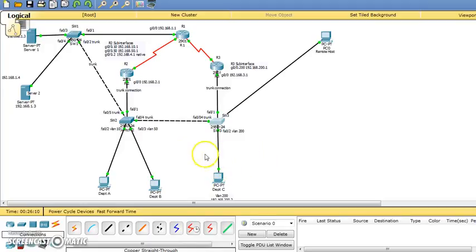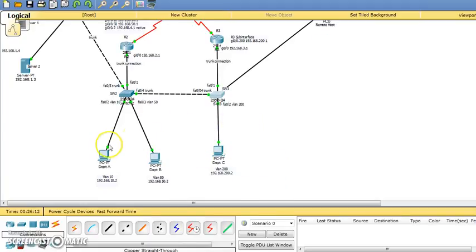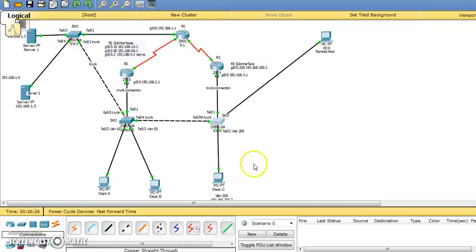I want to talk about our IP address selections for some of the VLANs. For Department A, we chose Class C addressing across the board because every department required less than 256 hosts, so we just used Class C addressing for all of it. And between routers, we chose Class A addressing.